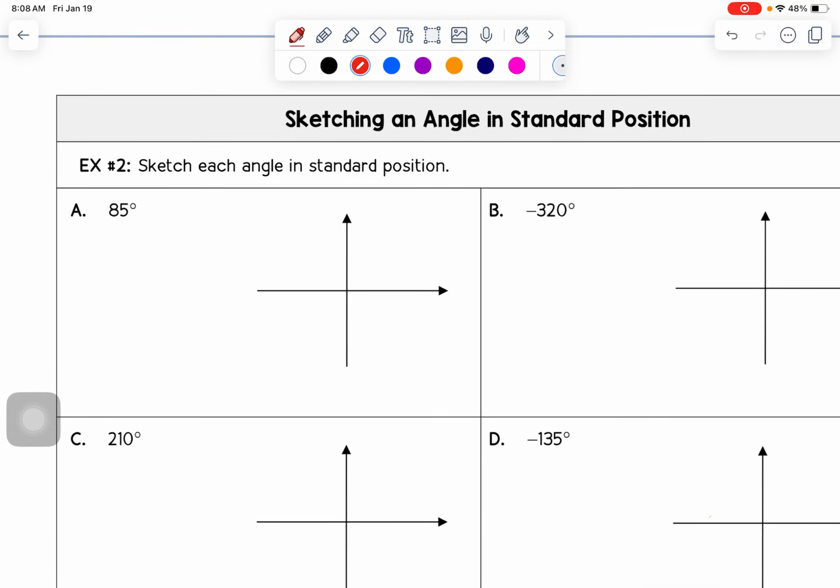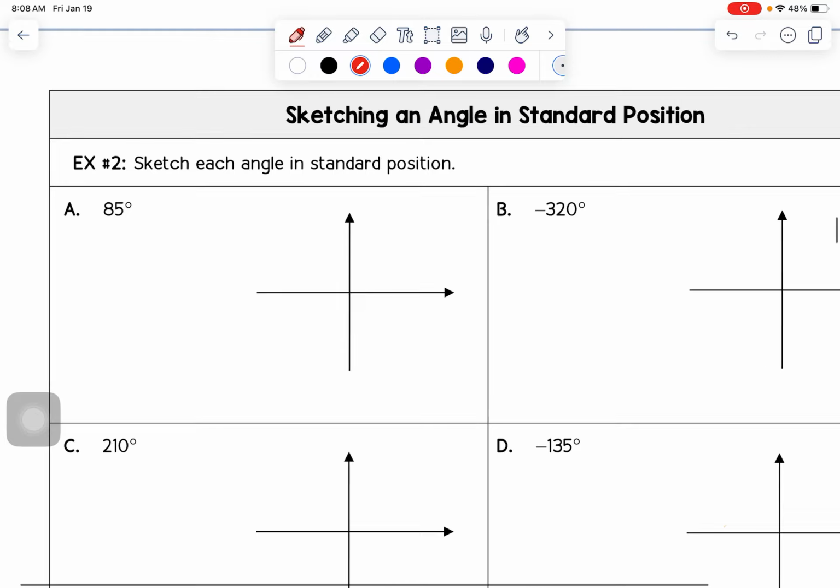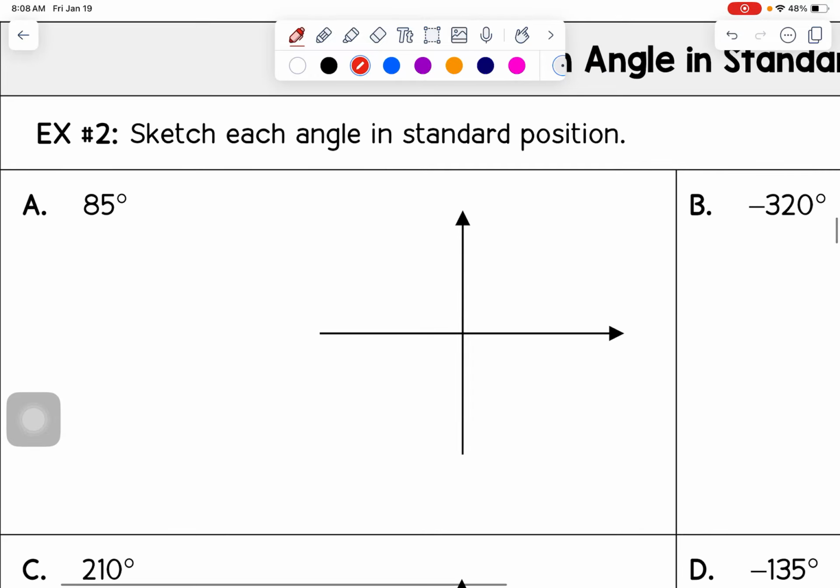So if I'm trying to label 85 degrees, this is what I was talking about a minute ago. I want you to label that, and I want 2 labels on it. Maybe a little overkill, but I think it's good practice for us. So 85 degrees is going to be a first quadrant angle, and I'm going to keep using Alg 1 lingo here, because we'll use that a lot.